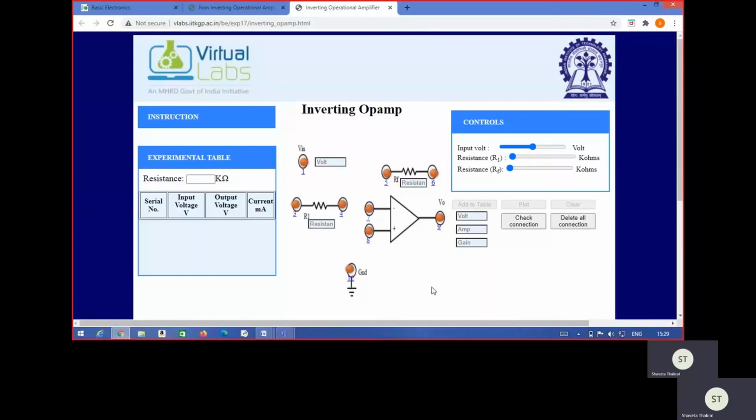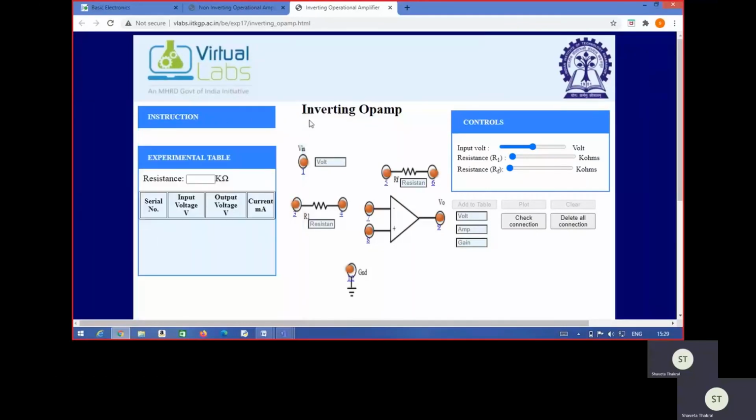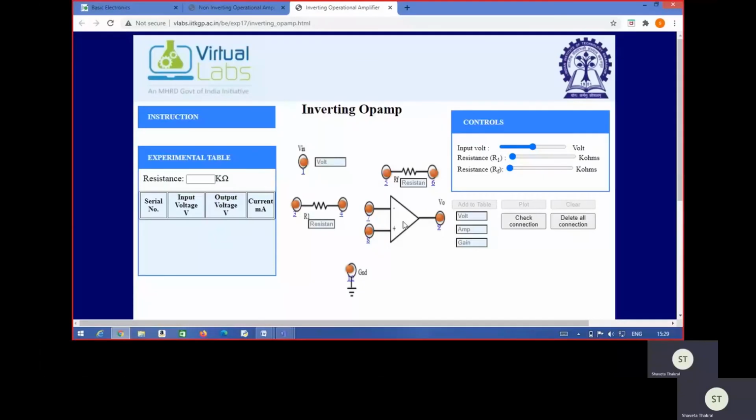So we have to understand the circuit arrangement first, then we will go for the guided instructions step by step and perform this experiment. So if we see this circuit, this is the operational amplifier, and practically we are going to use IC number 741.